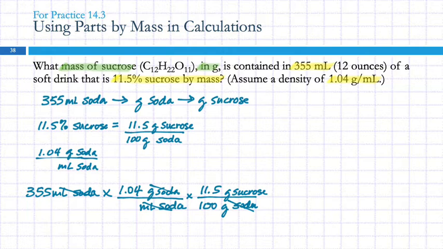So then we use the calculator, 355 times 1.04 times 11.5 divided by 100. Should have three significant figures here.